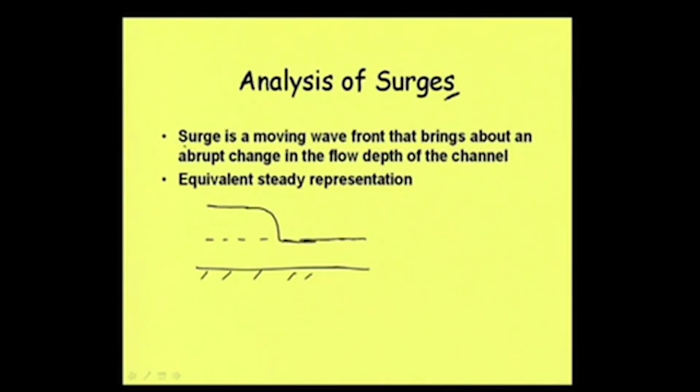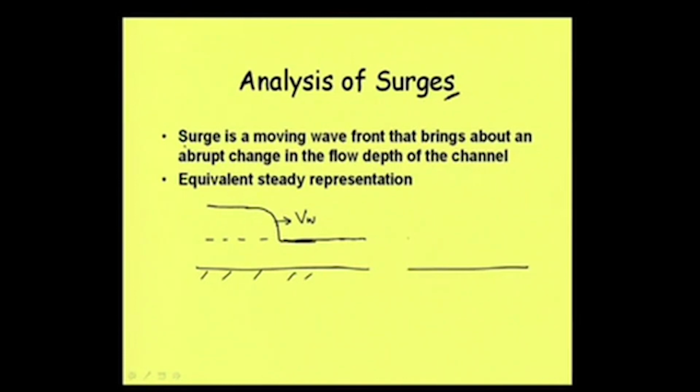Say then it is moving. So this water is moving like that otherwise also, and then we have a moving wave front. This wave front is moving with a velocity, say v w, and this we refer to as a surge. In fact, it can be the other way also.